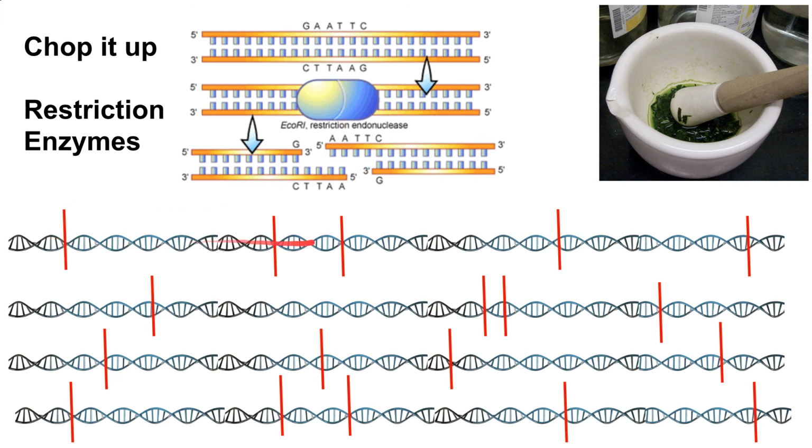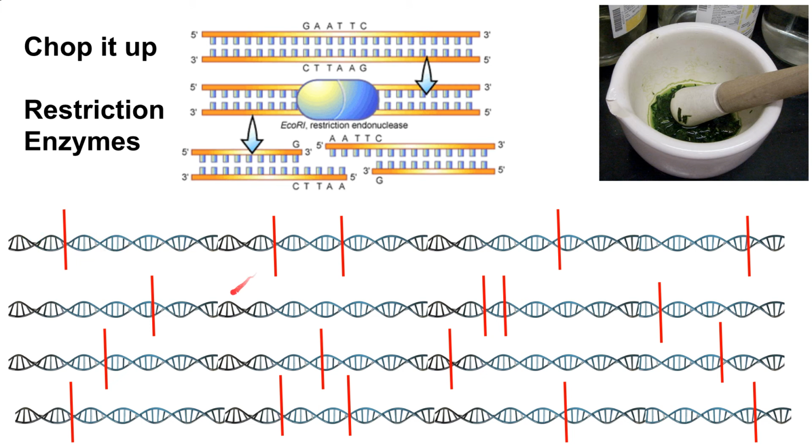So let's say in this DNA strand, it found the sequence, it cut it. It found the sequence, it cut it. It found it, cut it, cut it, cut it. What you're left with after everything is cut is these different lengths or different bits of DNA.